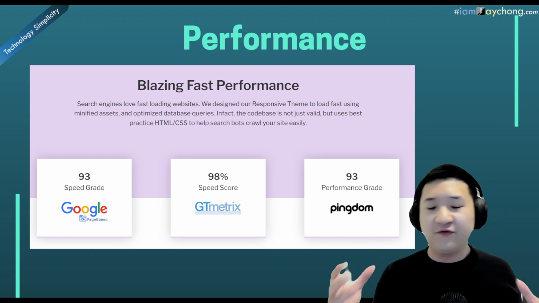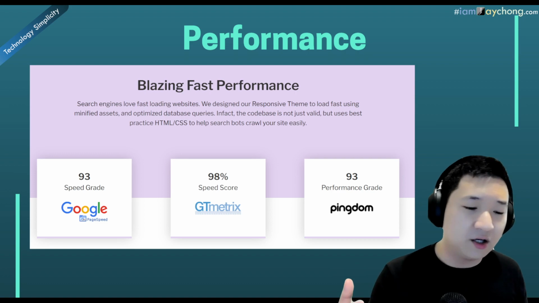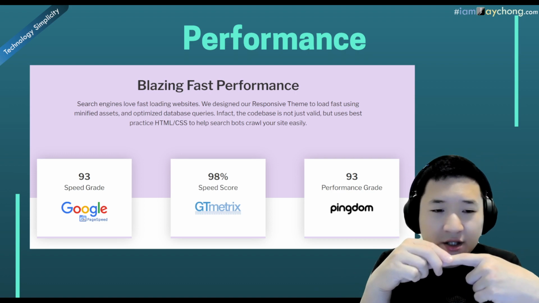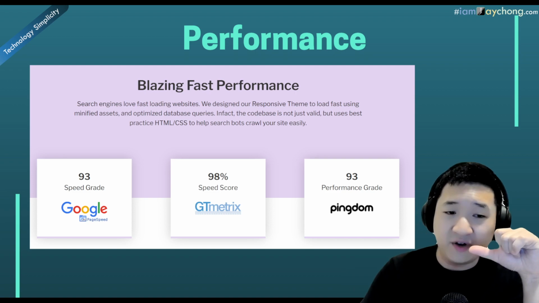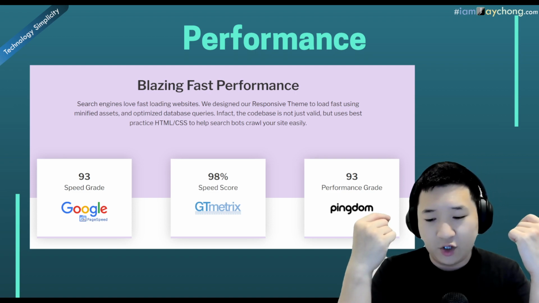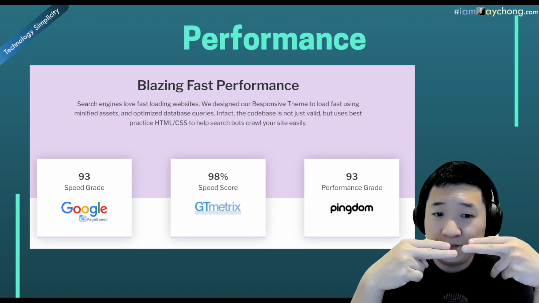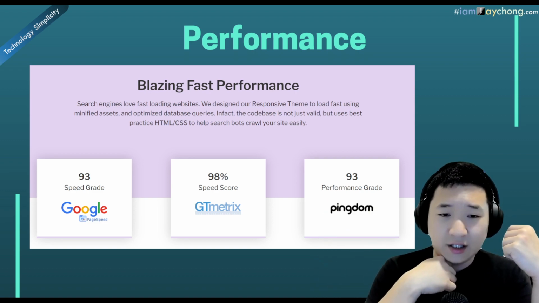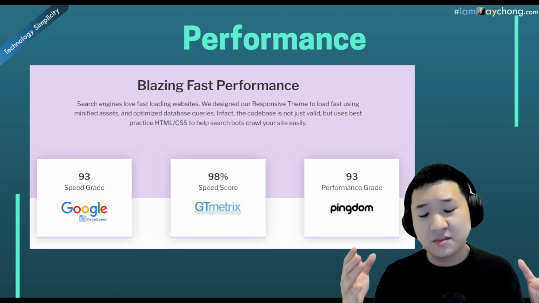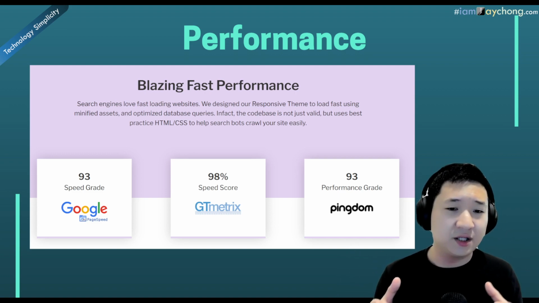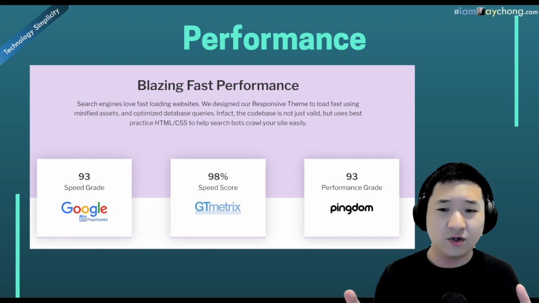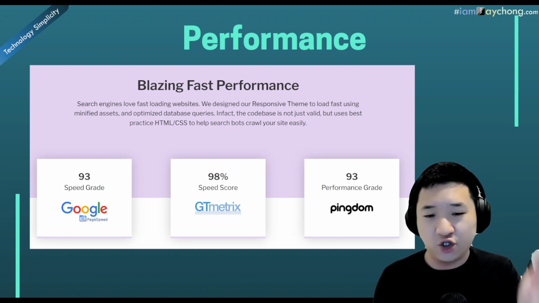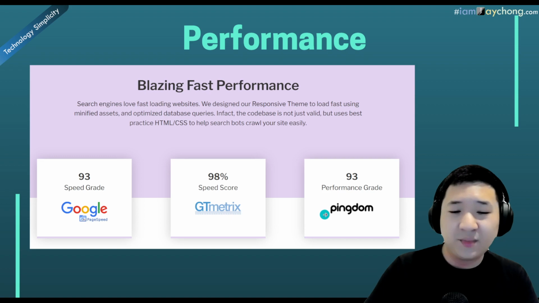There are a few things they always think about in optimization: they have minified assets, and they optimize the database queries, because WordPress is based on MySQL. They also check from time to time using performance check tools like Google PageSpeed, GTmetrix, and Pingdom.